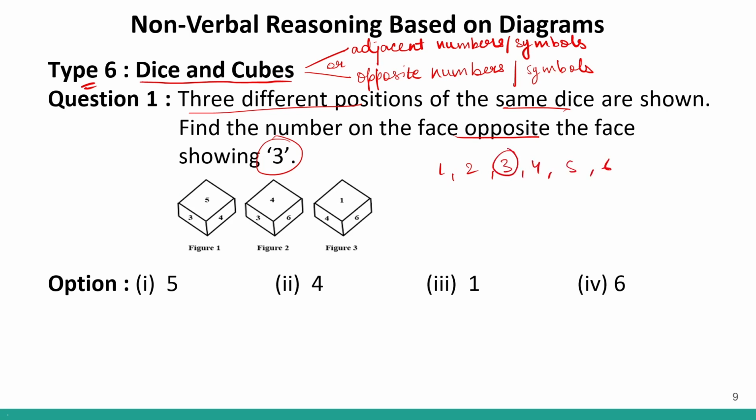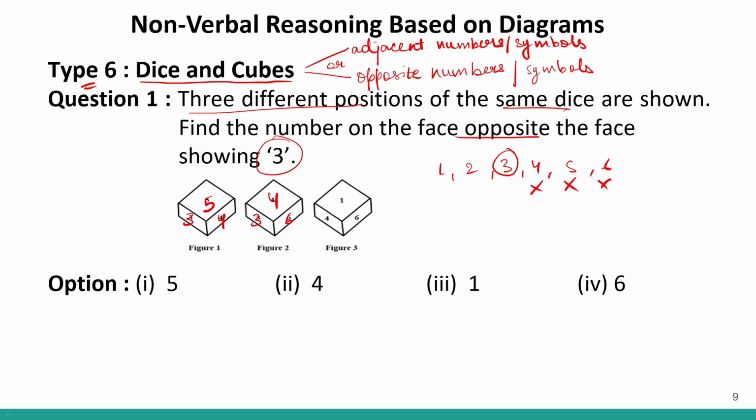Over here this is 3, this is 5, and this is 4. That means 5 and 4 are adjacent to 3. So can they be opposite to 3? No. Then we have 3 and 4 and 6. So if 4 and 6 are adjacent to 3, can they be opposite? No. So 4 and 6 are eliminated.